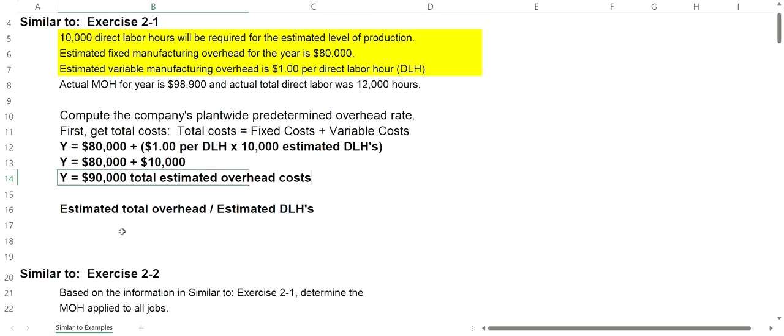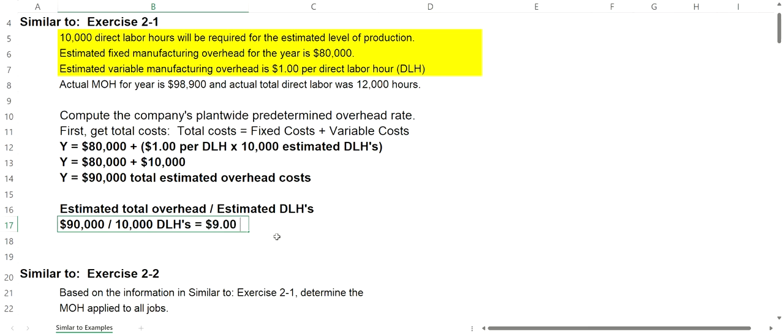Now I want to get that per direct labor hour. That's going to be my application rate. So I will take that 90,000 that I just came up with, the estimated overhead, and divide it by estimated direct labor hours, which is 10,000. That comes up to an even $9.